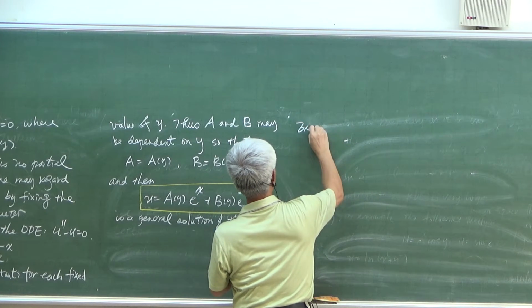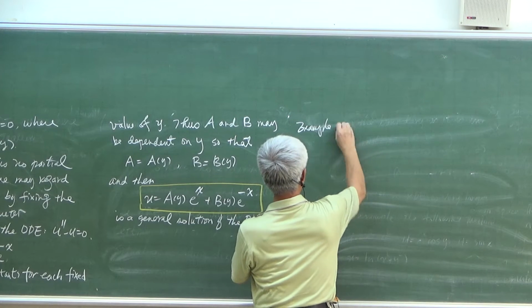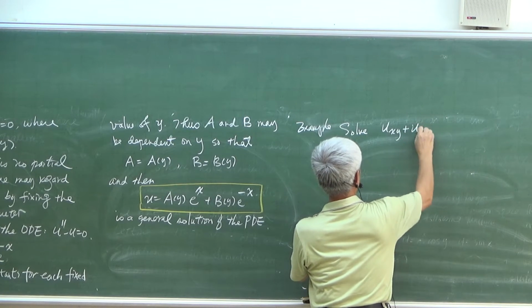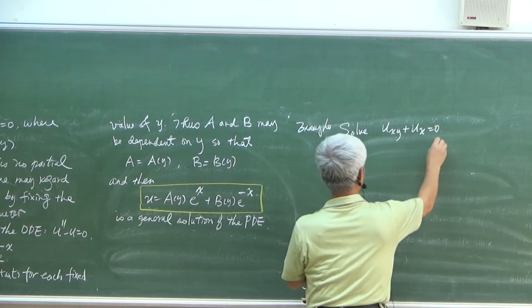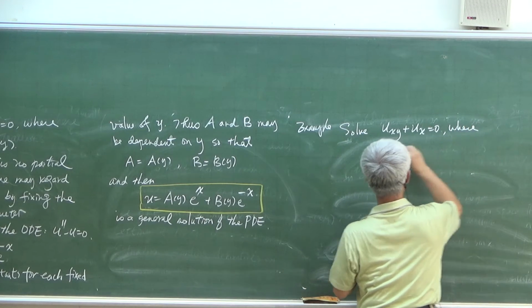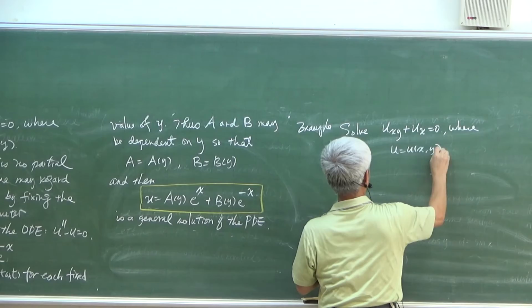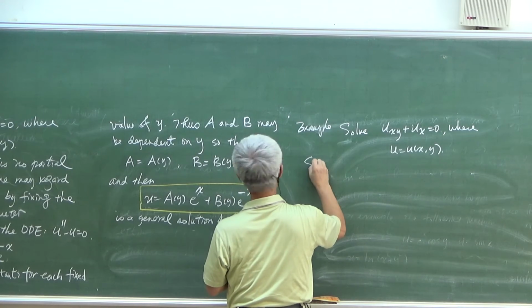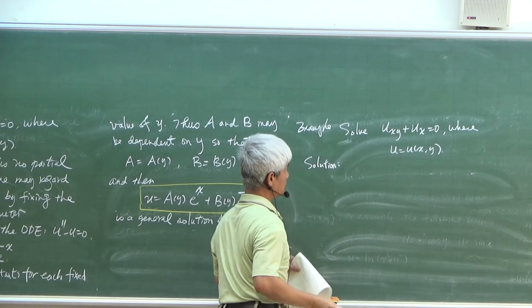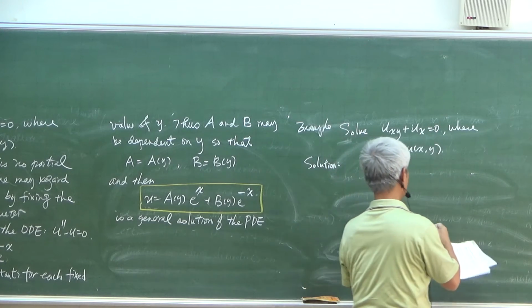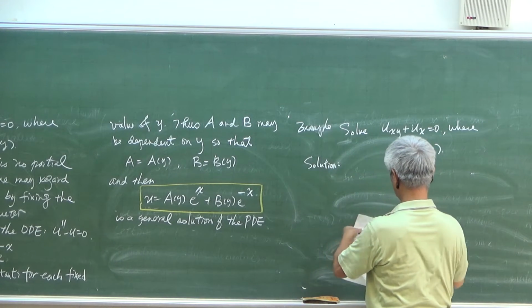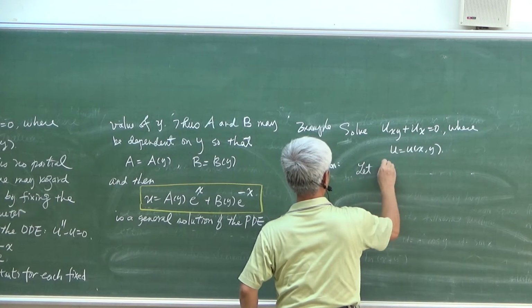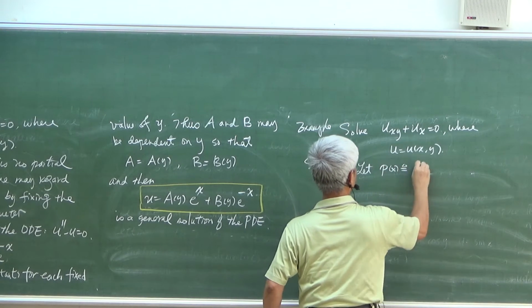Another example is to solve u_xy + u_x = 0, where u = u(x, y). From this, we can see that we can let p(x, y) be u_x.